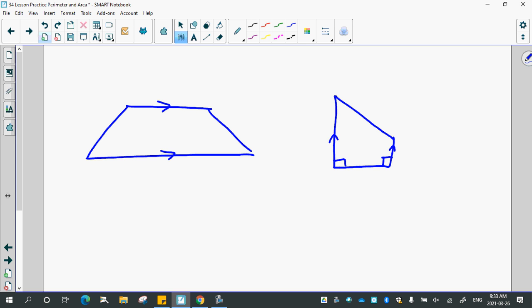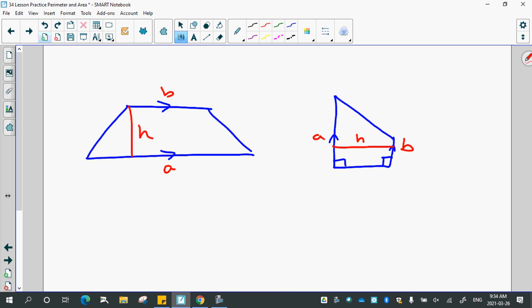Now your parallel sides are always your A and B. It doesn't matter which one you call A and which one you call B. The distance between them is the height. The distance between the parallel sides is always the height. So those are the three letters in your area of a trapezoid formula.